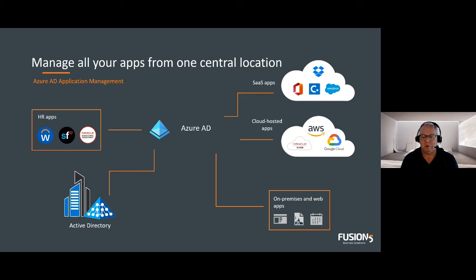So if we connect to something like Google Drive or AWS, we still have a single controlled experience through Azure Active Directory. Azure Active Directory will also scale down to our on-premise environment, so we can link it to our Active Directory on-prem, and also use it as an authentication mechanism for on-premise and web applications that live in the more traditional space.